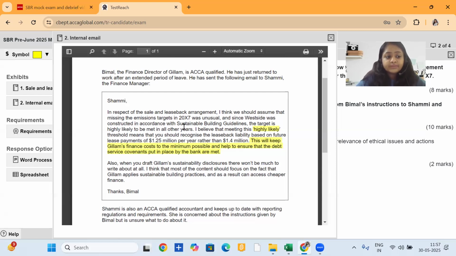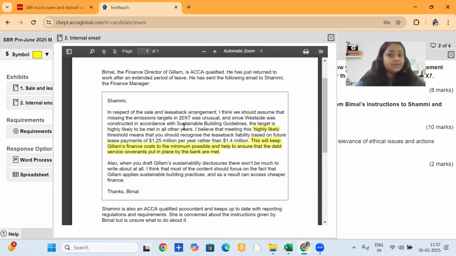However, when we read this question further, we find that the intention of Bimal of putting up this point is so that the Gilliam's finance cost remains the minimum possible in order to meet the covenants which are put in place by the bank. So the intention of Bimal is to meet these covenants.